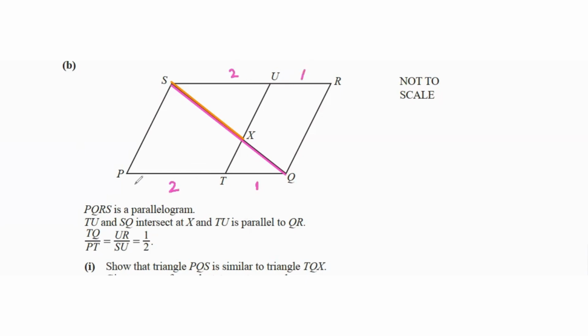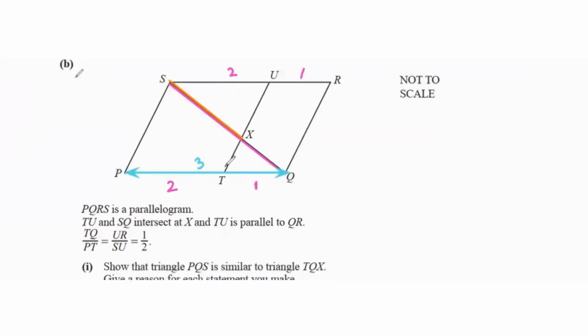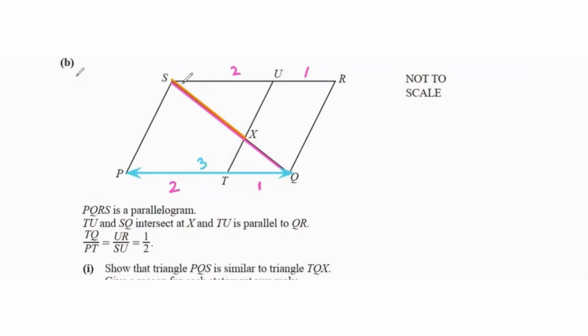Same for this, which means the entire length of this parallelogram side is 3. Length of PQ is 3 and we're trying to find the ratio of SX to SQ. So SX will be 2 and SQ, the entire length, would be 3 again. So SX to SQ is going to be 2 ratio 3.